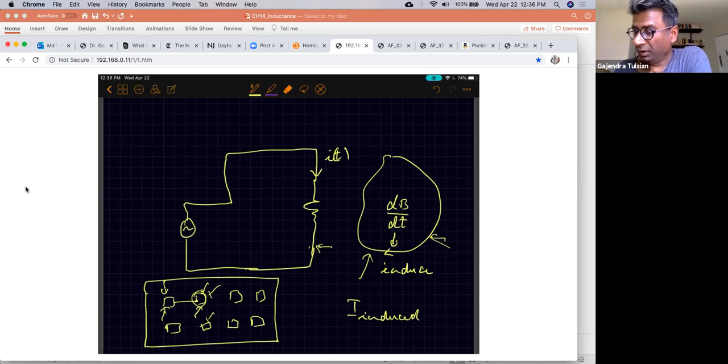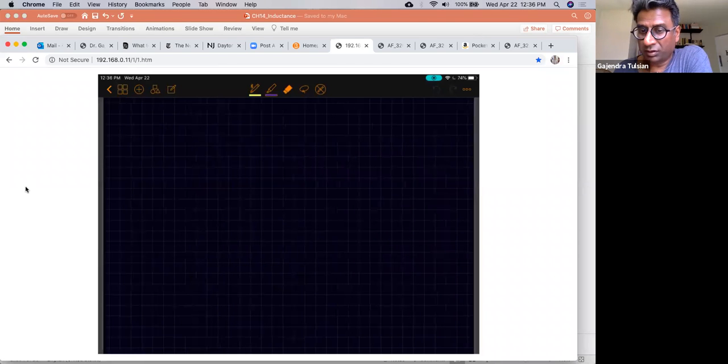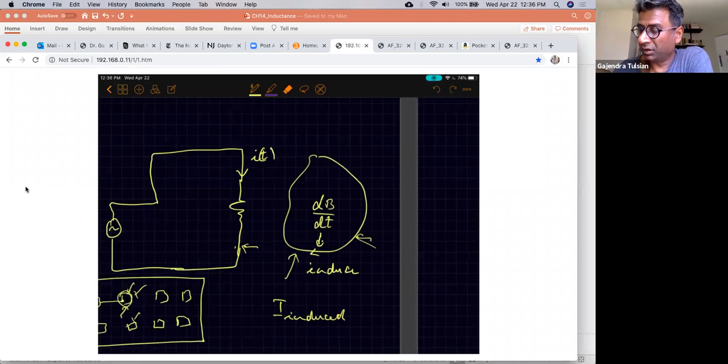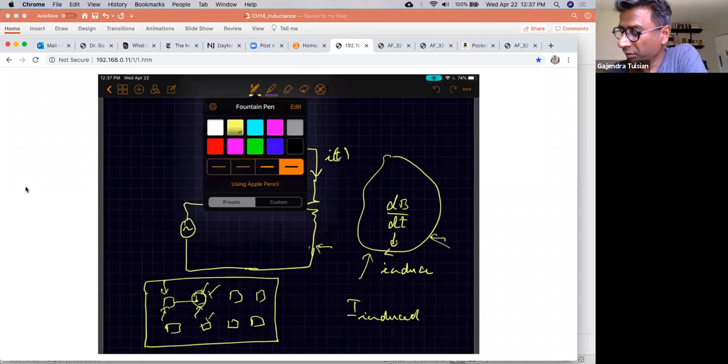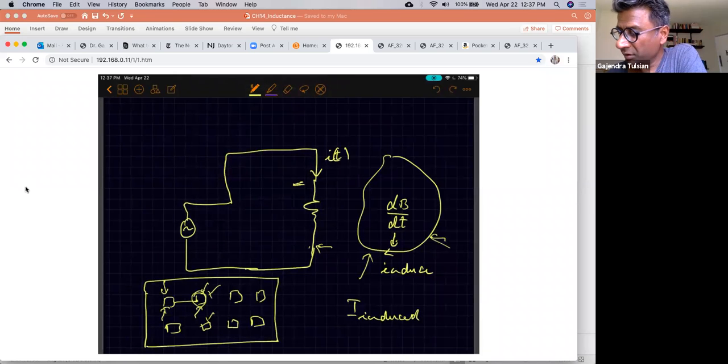So anyway, stuff like that happens, and that's what this chapter is about. This is called mutual inductance. Changes of currents in this circuit are influencing nearby circuits.